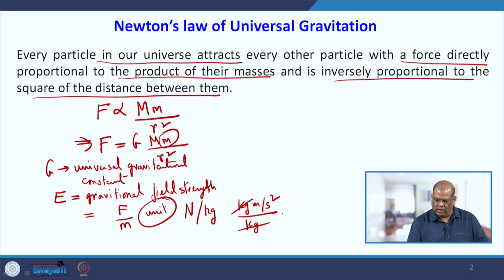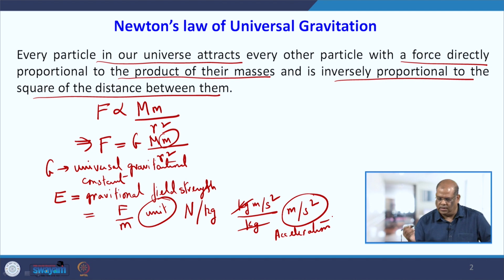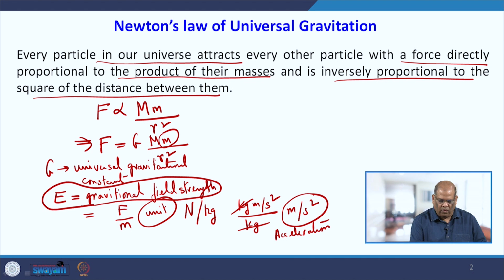The kg cancels, and you are getting meter per second square. If you note carefully, this is just the unit for acceleration, in this case acceleration due to gravity. So basically your gravitational field strength has the unit of acceleration due to gravity.